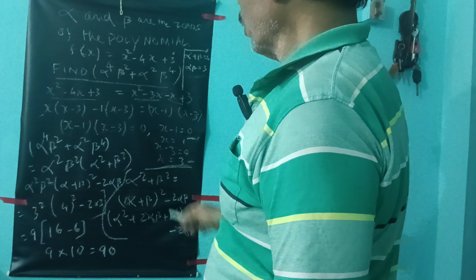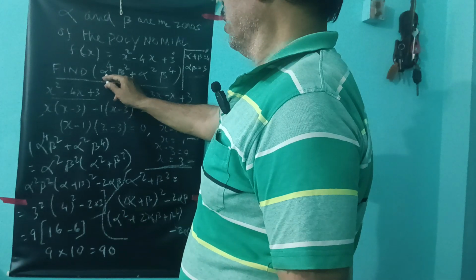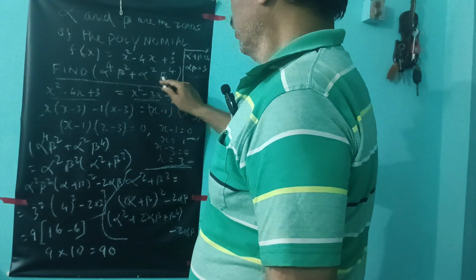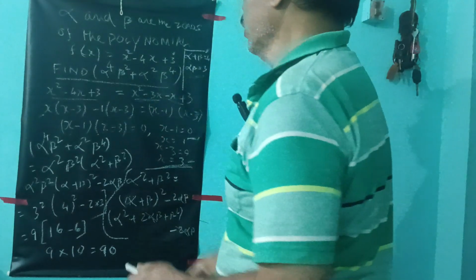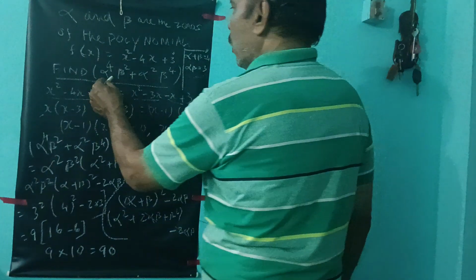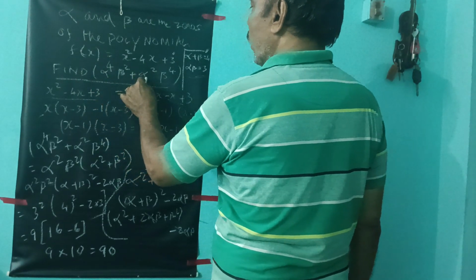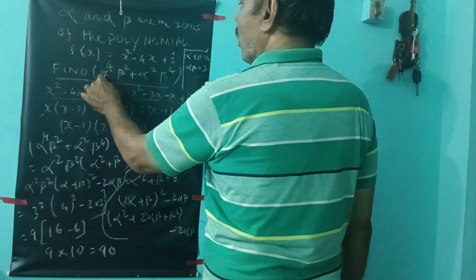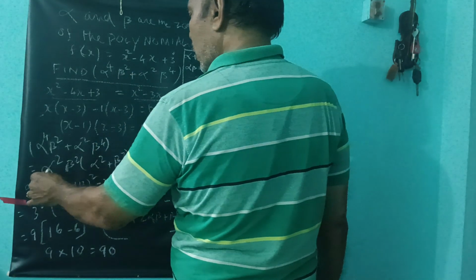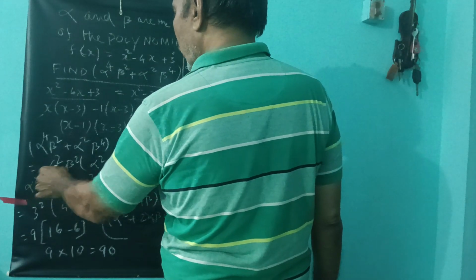Now this is the equation. Now you have to simplify this equation. Here if you see, alpha squared, beta squared, alpha squared, beta squared are common. So we can take out alpha squared, beta squared.